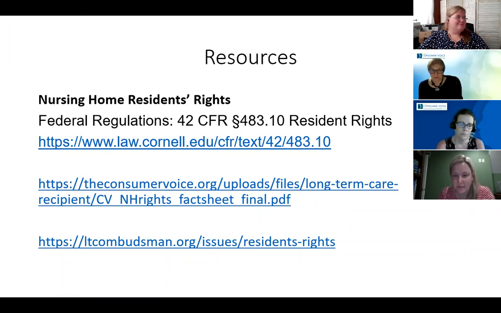And then we've also given you a link to the actual regulations and to some ombudsman information about residents' rights. We will make sure to get everybody these links in the follow-up email for tomorrow. And are we able to share your slides with the group? Yes, absolutely. We'll send those as well.